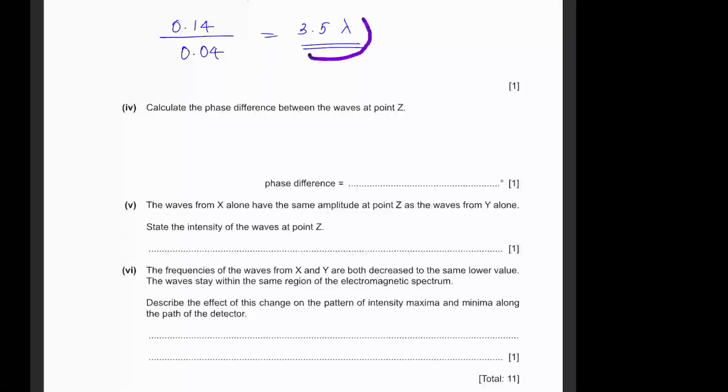That phase difference corresponds to this path difference of 3.5 lambda. 1 lambda means a phase difference of 360 degrees. Half a lambda is a phase difference of 180 degrees. So 180 degrees will be the phase difference of the two waves at point Z, for 3.5 lambda.